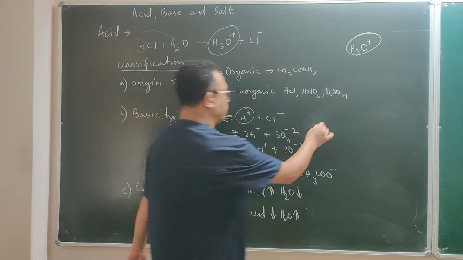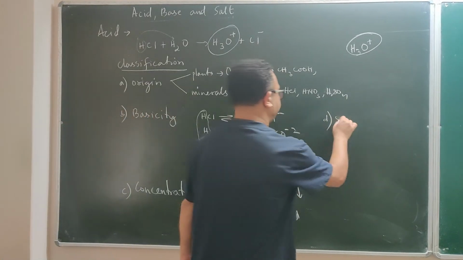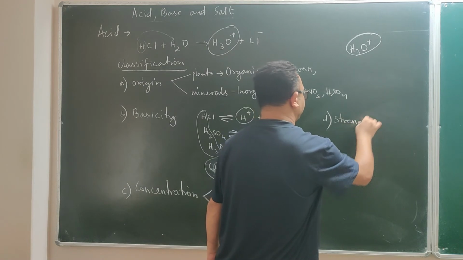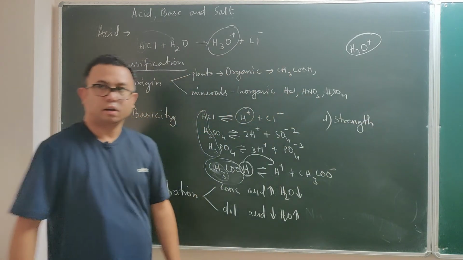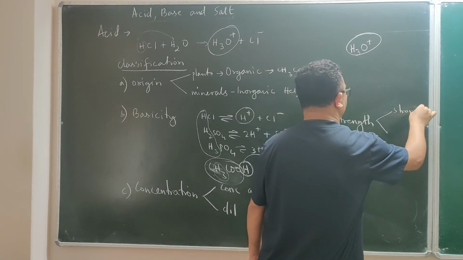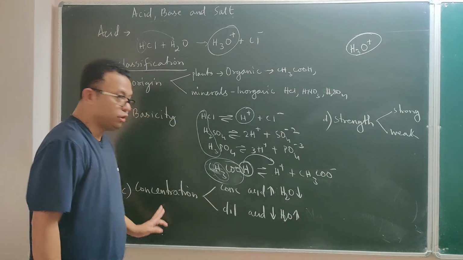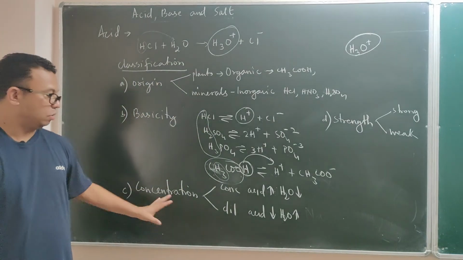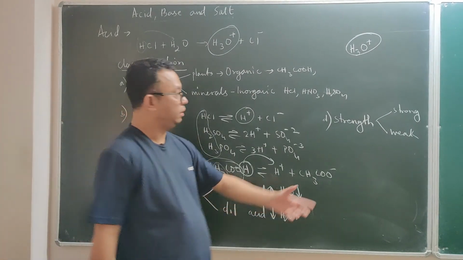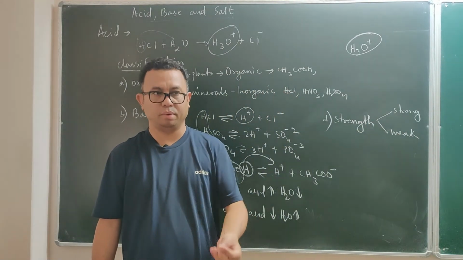Now the last one, let me discuss it here, is strength. In terms of strength, an acid may be a strong acid or it may be a weak acid. Do not get confused between concentration and strength. Concentration has to do with water quantity. Strength has to do with the quantity, the number, of hydronium ion.